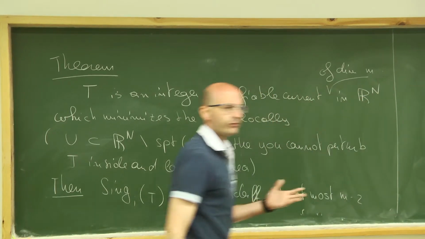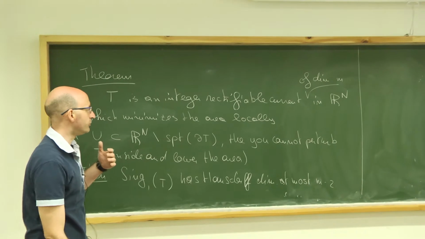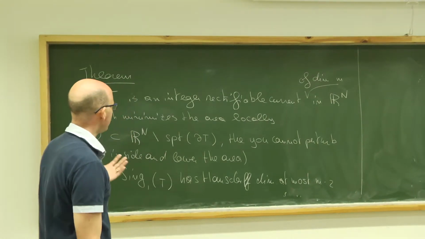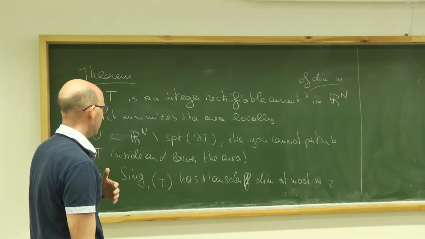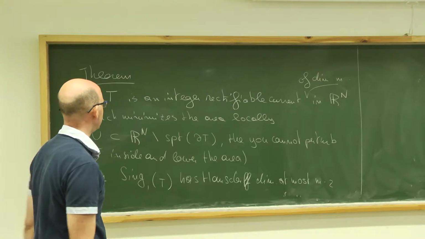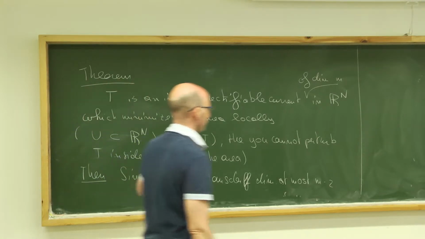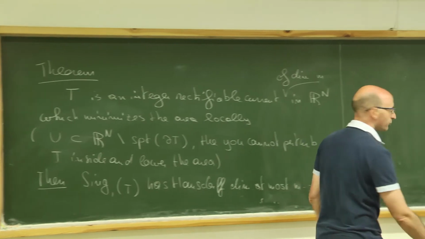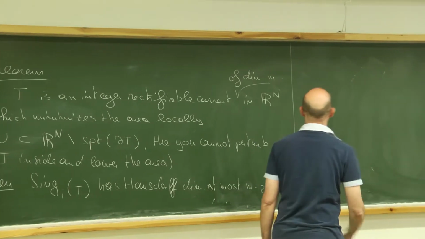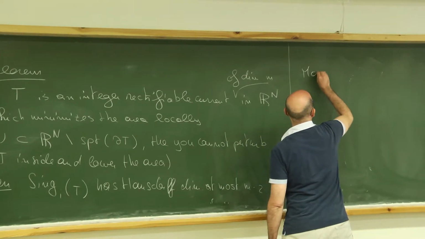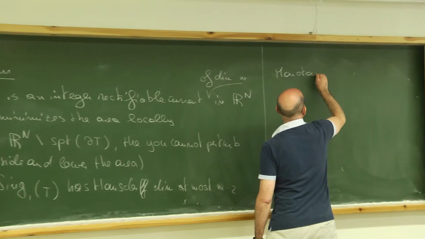One very first important point, which is a very elementary observation, but which is behind the starting points of most of the regularity theory for area minimizers, or in general for critical points of the area functionals or for stationary objects, is the so-called monotonicity formula, which is a very old thing.